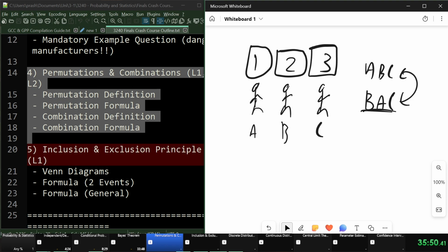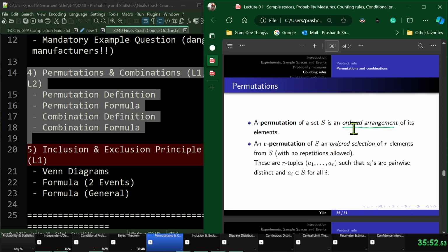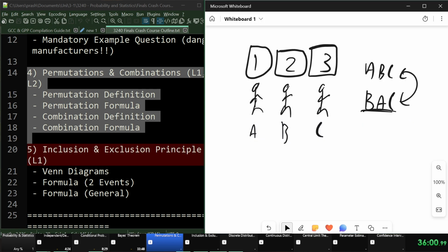So that's what a permutation is. It is an ordered arrangement of the elements. Basically, order matters. So how do you calculate the number of permutations of an object? The nice thing is that if you only have, let's say in this case, 3 to choose from, and from those 3, you select 3 to be jumbled about, to be permutated.